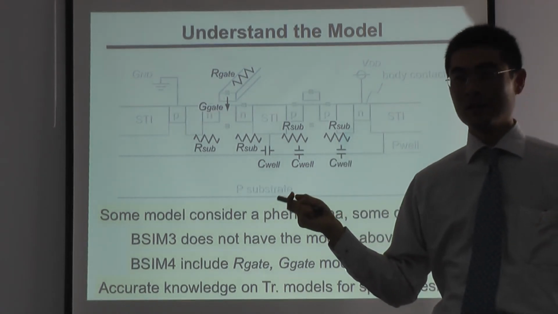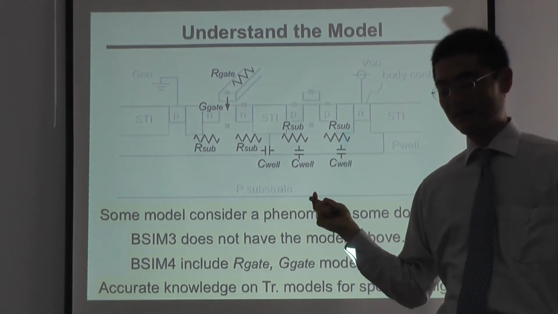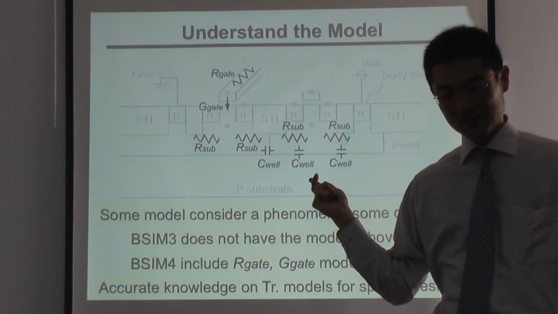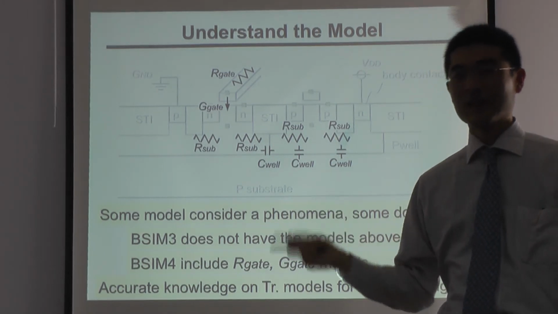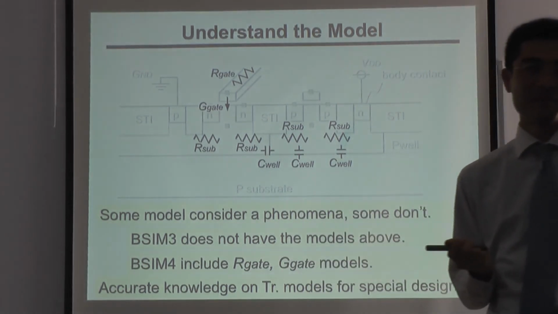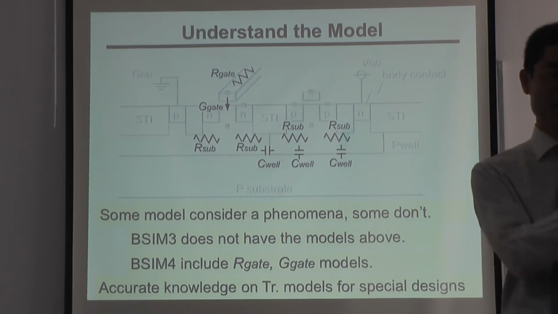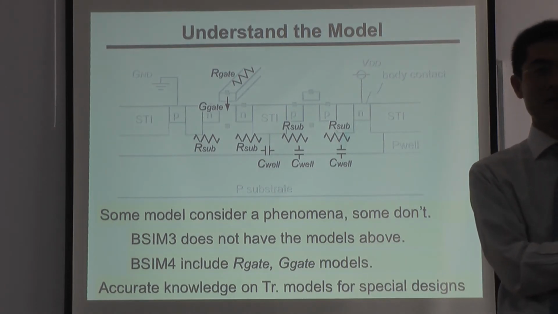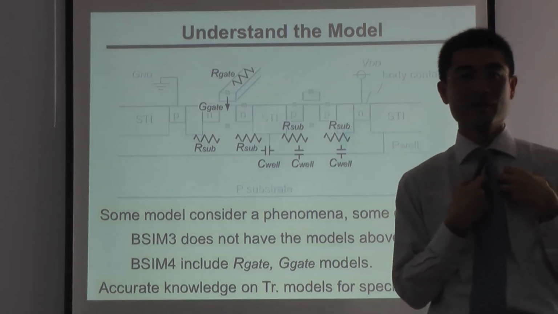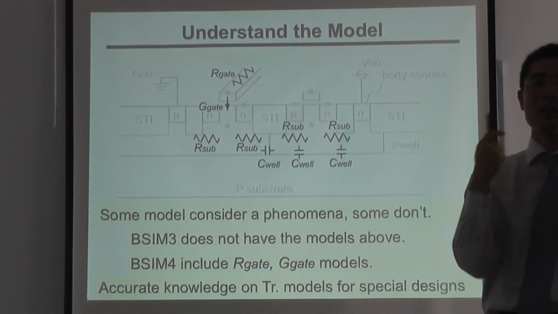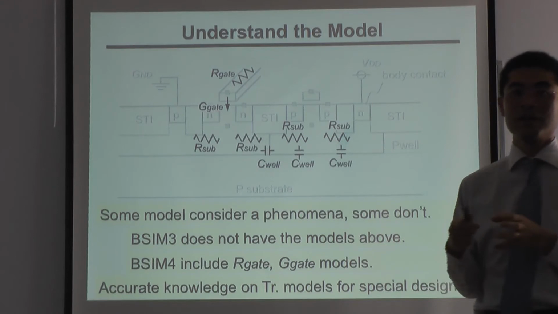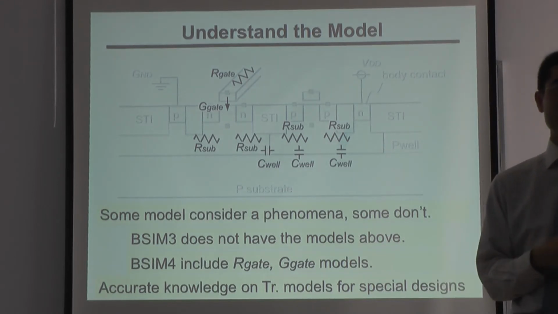So actually we cannot choose the model. It depends on the factory. Yeah, so the factory chooses the model and makes the parameter files, and we are just users. But we have to understand what physical phenomena are included in that model.